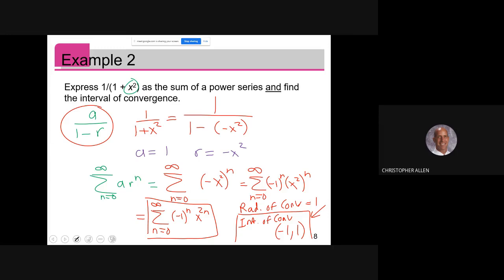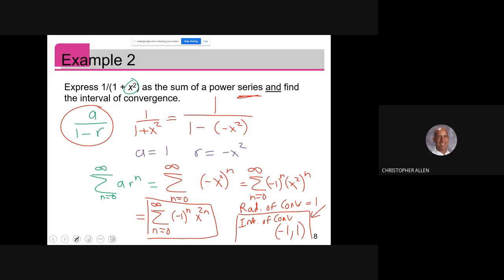Correct. These are series. This is not a finite number of terms. This is an infinite number of terms which will, in this interval, perfectly replicate that function. Does that kind of make sense?